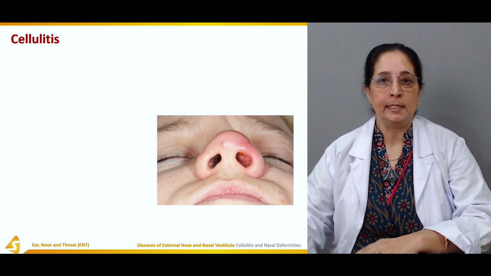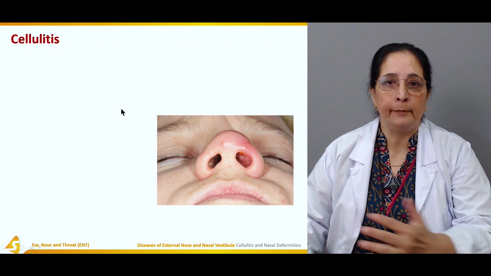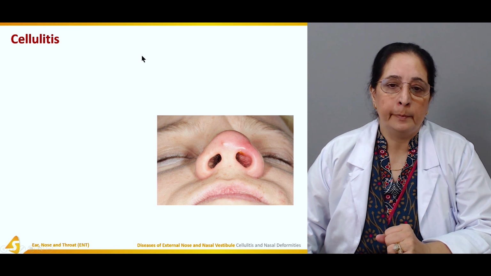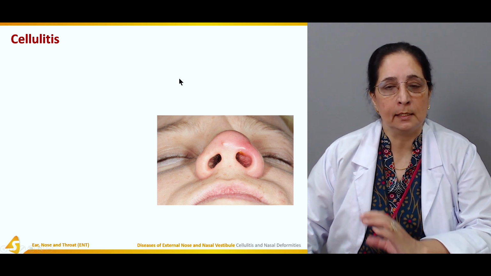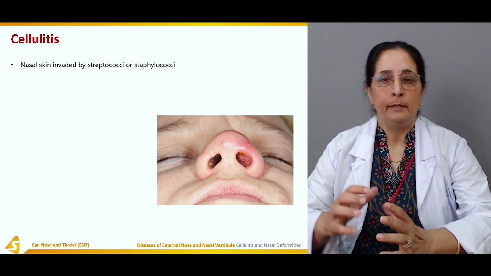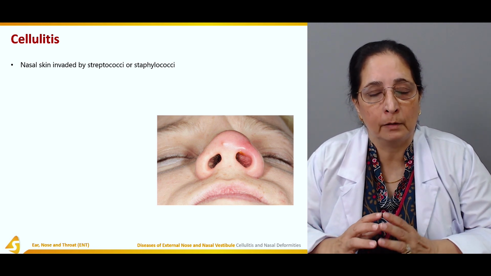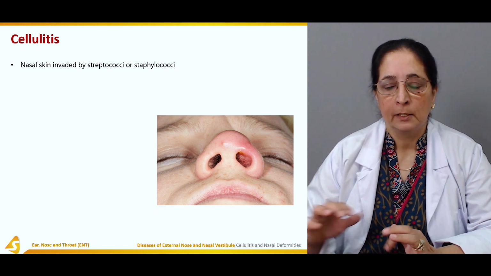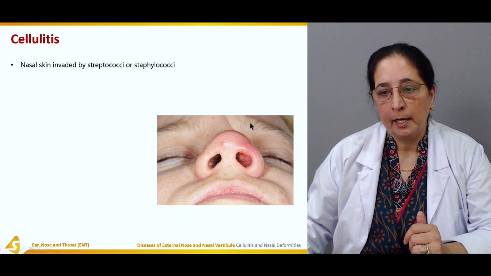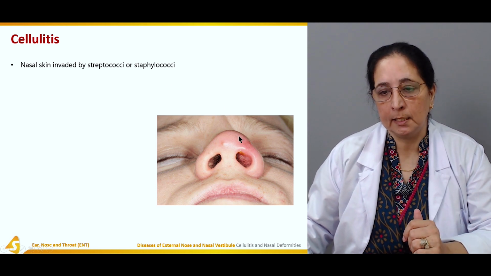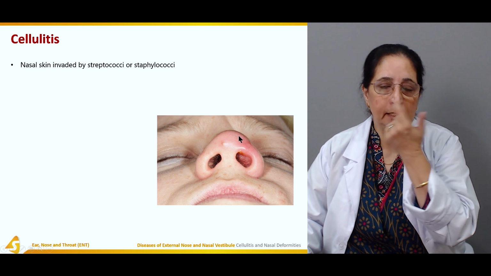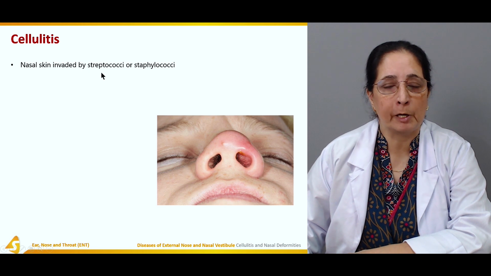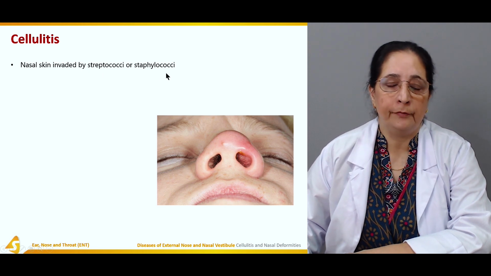First, the cellulitis. Cellulitis is the inflammation or infection of the tissues. So mainly the cellulitis is caused by the bacterial infections of the streptococci and staphylococci. So when the skin of the nose, here in this diagram you can see it's the whole area, external nose is affected as a result of the infection caused by the streptococci or staphylococci.